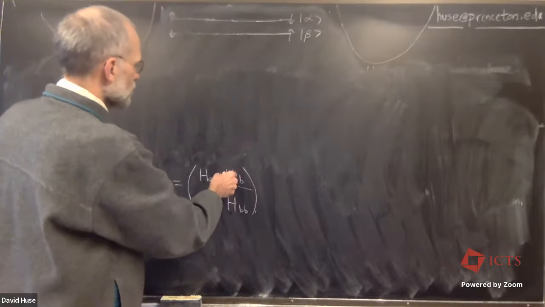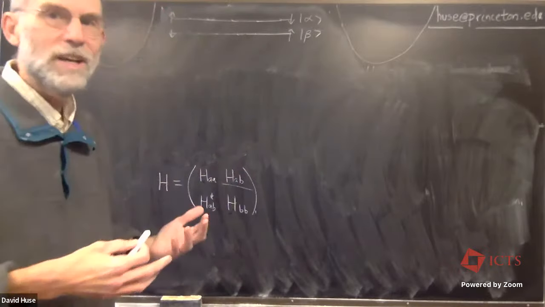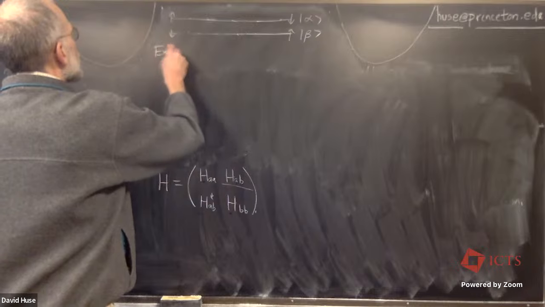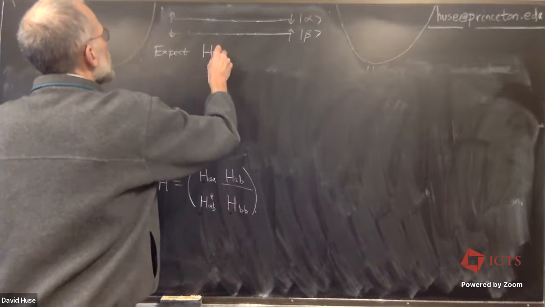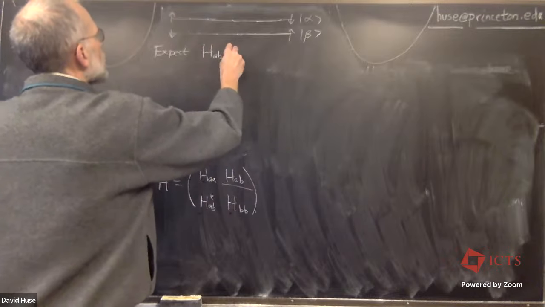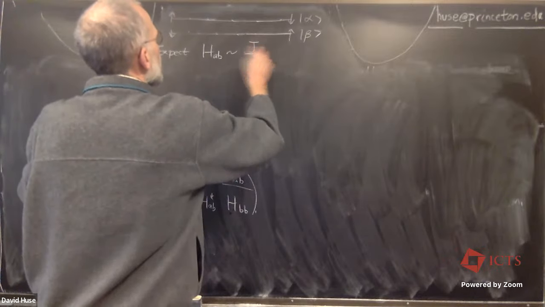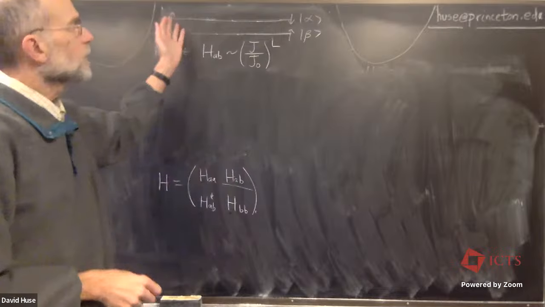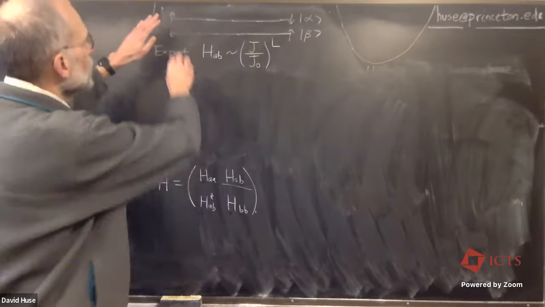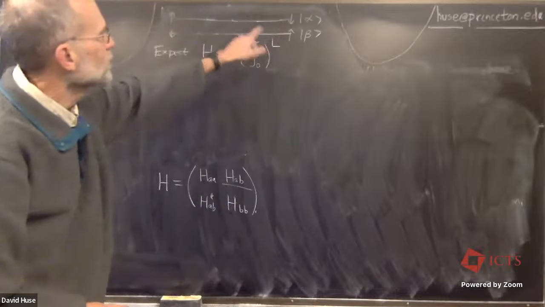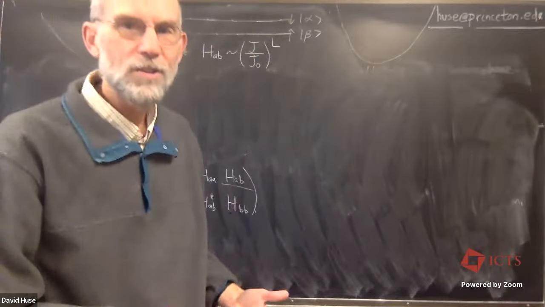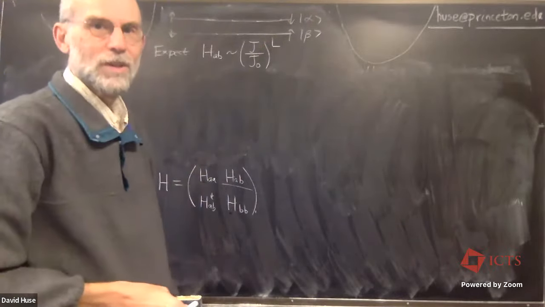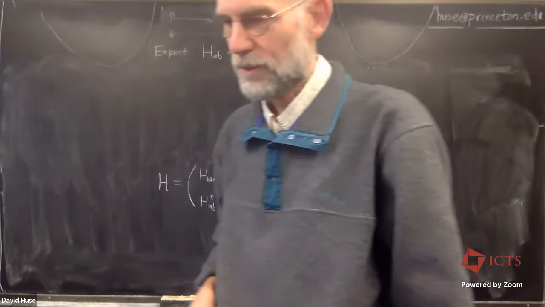So if you think of how this H_AB would be generated perturbatively, we expect H_AB to be of order J over some constant to the L, because where J is small, the lowest order process, which is end-to-end, will scale like this in perturbation theory. If you do it graphically, clearly you're not going to couple one end to the other until you get to an order the length of the system.